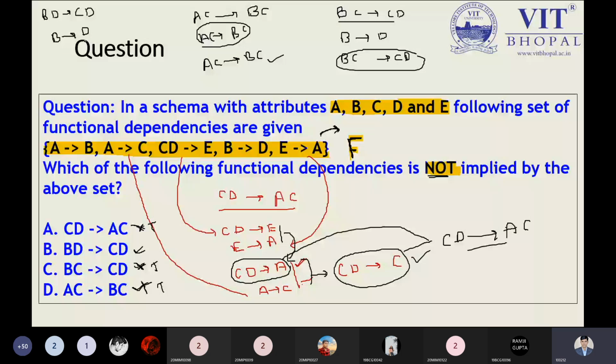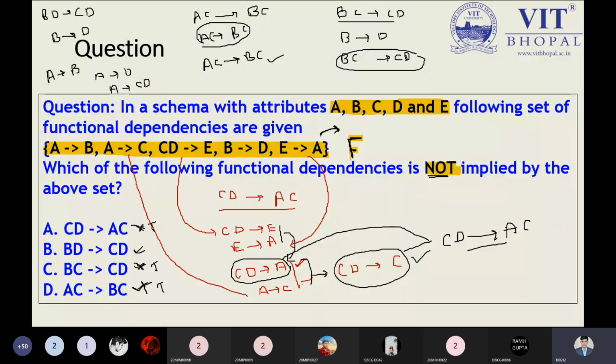A determinant to B I can take. So the possibility I can have is A determinant to D. And if I choose A determinant to C over here, by applying the augmentation and union rules, I can also have A determinant to CD at maximum.